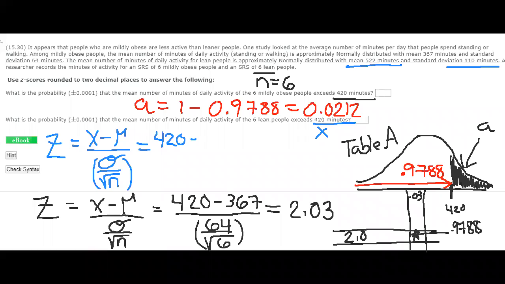So 420 minus 522 divided by 110 divided by the root of 6, still the root of 6.